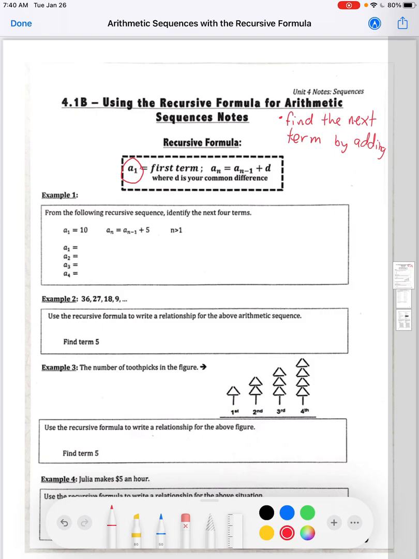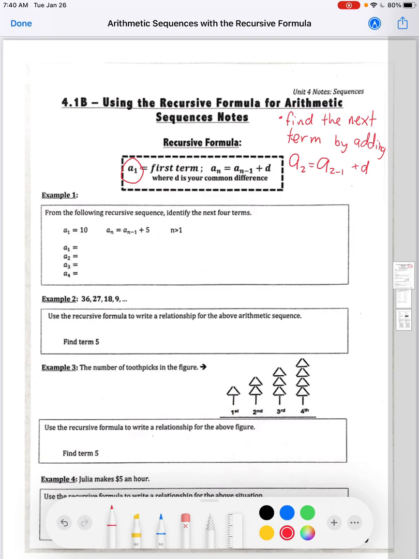Now I get that a of n equals a of n minus 1 plus d looks kind of scary, but in practice it's really not that bad. For example, a of 2 would be a of 2 minus 1 plus d.